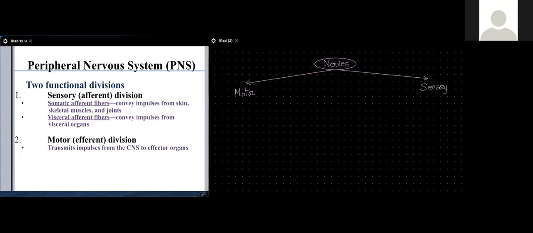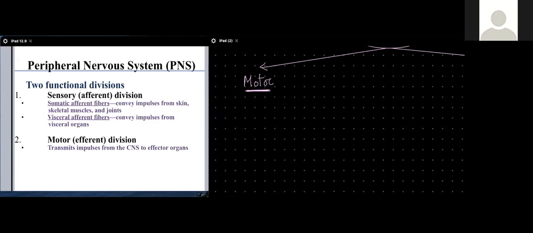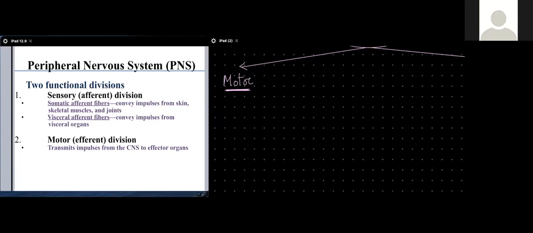So we classify those nerves into either sensory nerves or motor nerves. This is a functional classification. So some of those nerve fibers are conducting sensations, sensory, or they are conducting motor impulses, they are motor nerves.